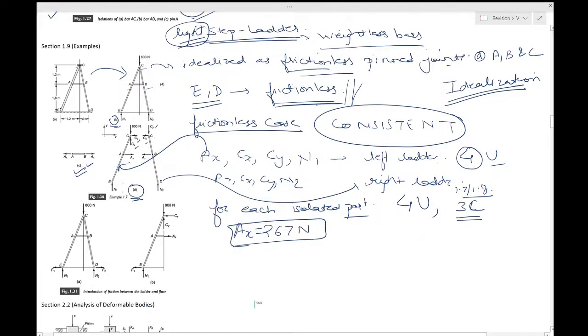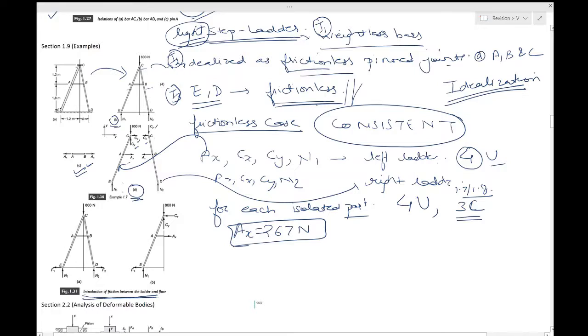Now we want to take friction between the ladder and the floor. So we want to take this condition. We had taken three idealizations. Let's call them I1, I2 and I3: I1 is weightless, I2 is the frictionless pin joint, and I3 is no friction between the ladder and the floor.